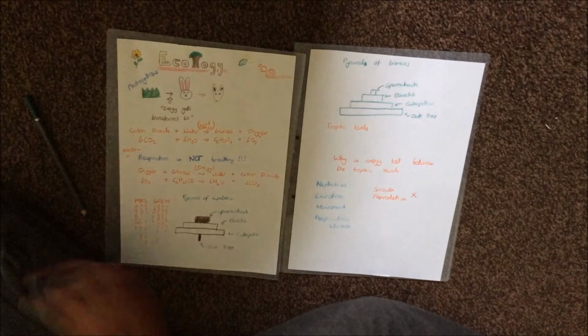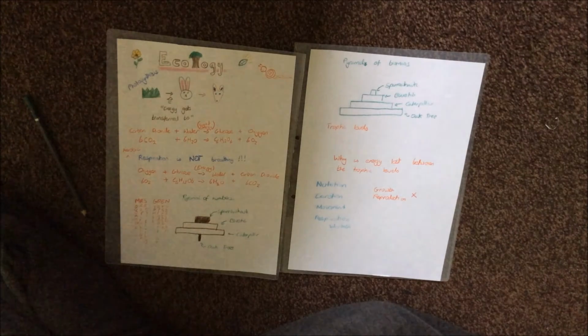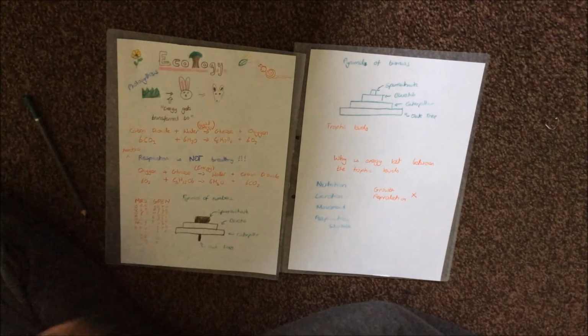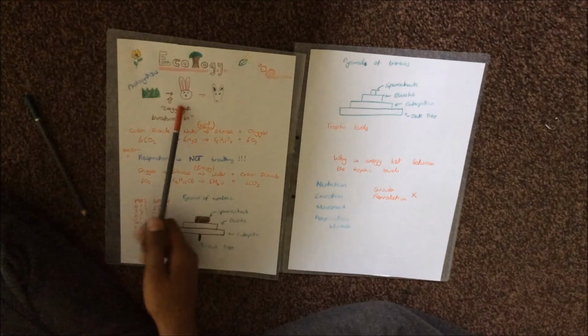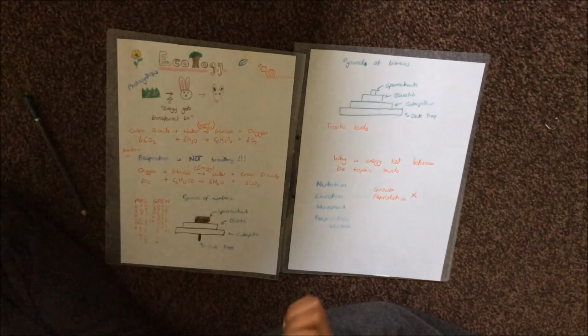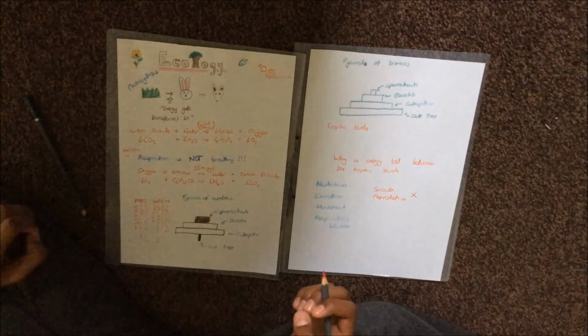But there are more reasons than just these. The energy that goes into growth and reproduction, as I said, is not lost, but most predators will not consume the entire organism. So if this fox had tusks, which it doesn't, but if it did, this fox may not eat the tusks.